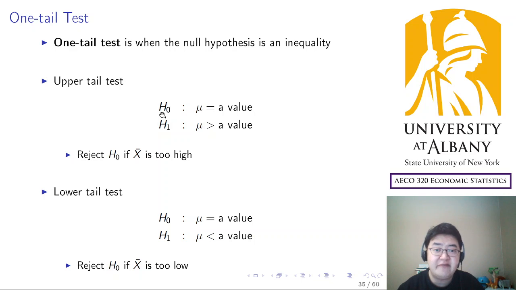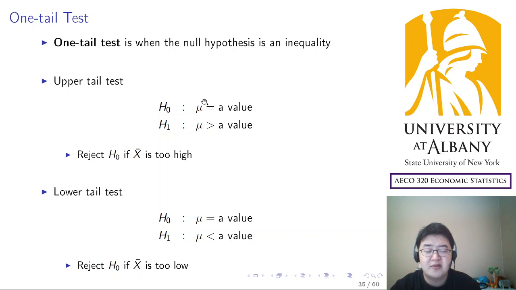So you believe that mu, the population mean, equals something, but you have to reject it if it is too much higher than that. If mu was smaller than this, then you don't care. Not a problem. So often you may write the null hypothesis in this way. The null hypothesis may include inequality too.